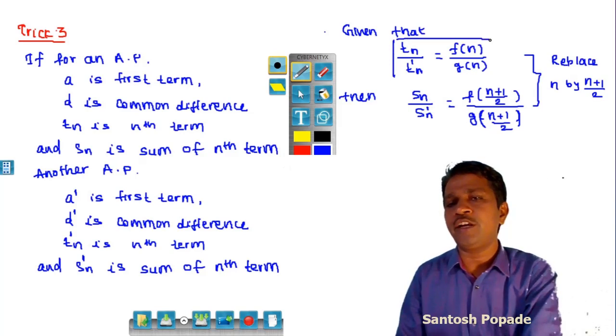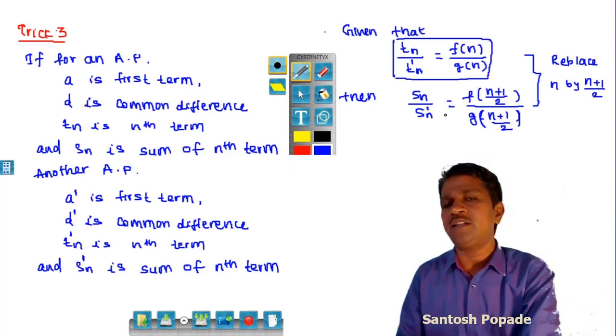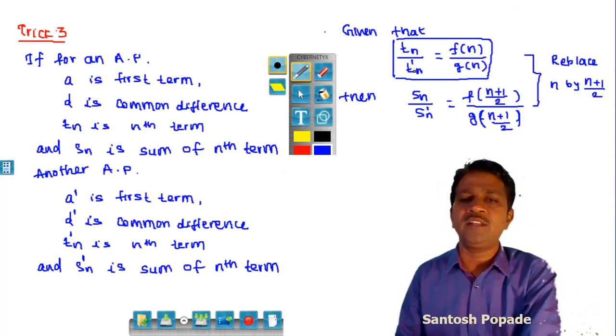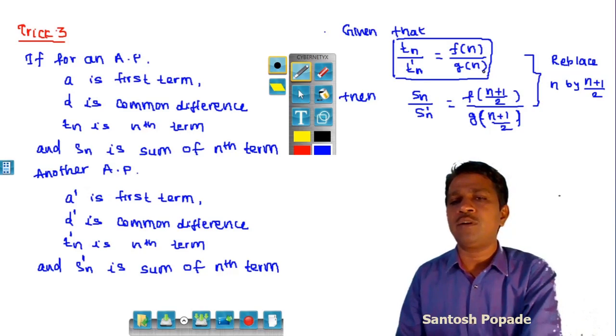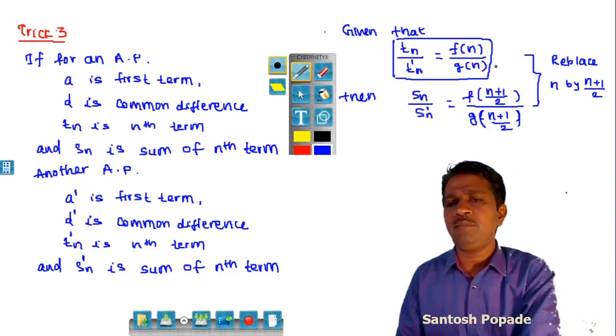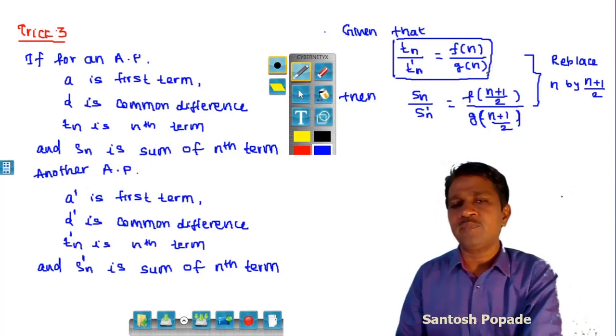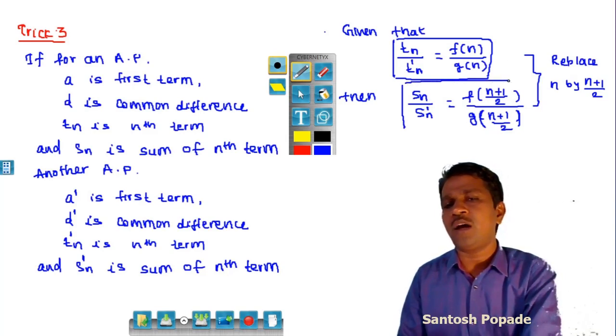In the previous case, the ratio of the sum of n terms was given, and in this case, we are given the ratio of nth terms as f of n upon g of n. f of n means it will contain terms of n, g of n means it will contain terms of n again. In that case, the ratio of the sum of n terms of the two APs is given by this formula.